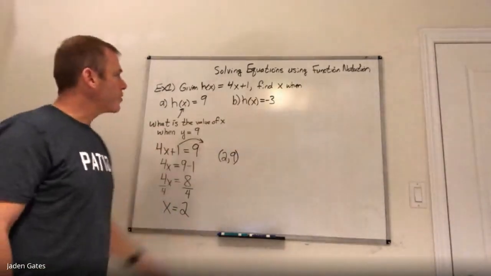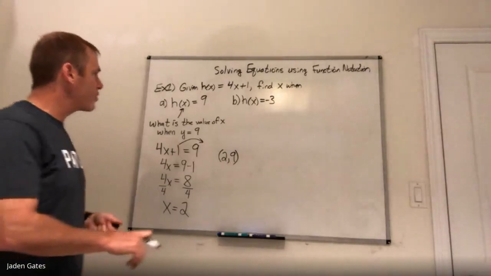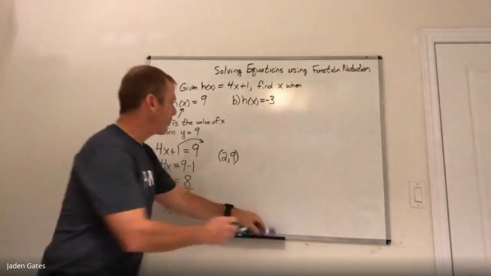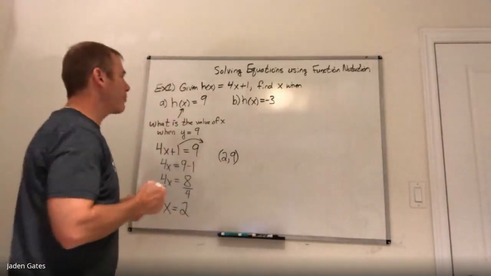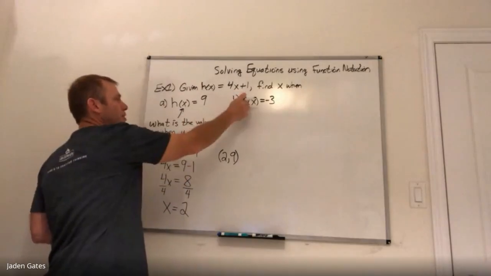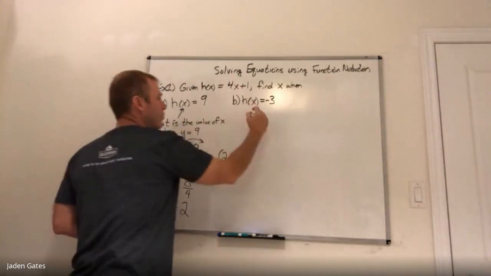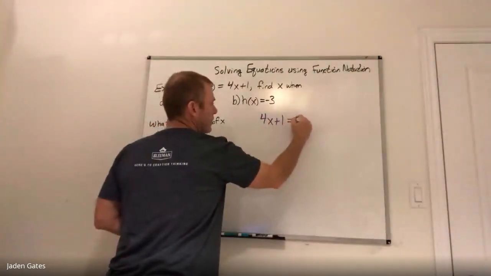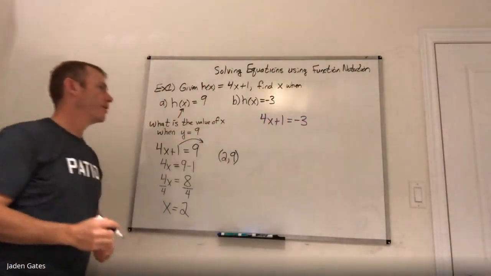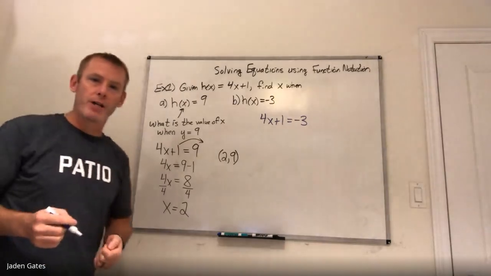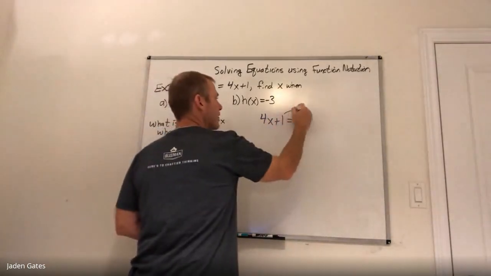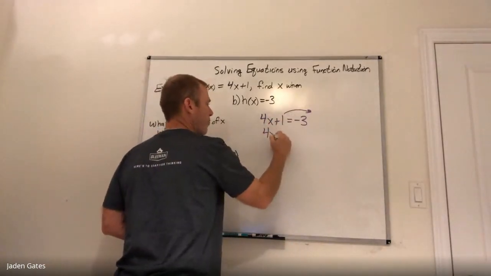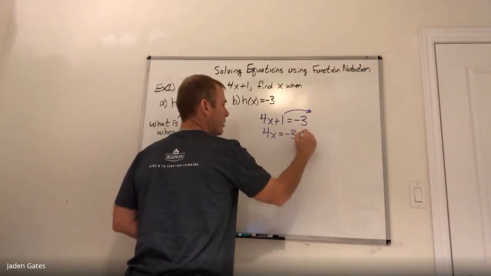All right, so B, just trying that out again, where h of x is equal to negative 3. Again, all I am going to do is make a substitution: h of x is 4x plus 1, equals negative 3. And again, all I do is solve for x. So I'm going to move that 1 to the other side, and just like before, changing sides changes sign.